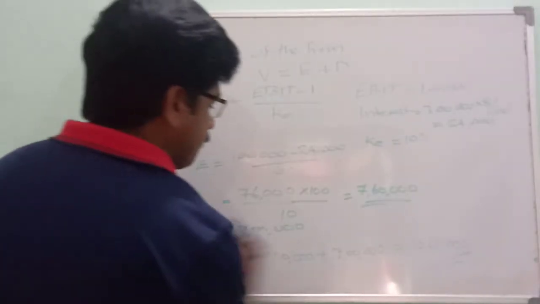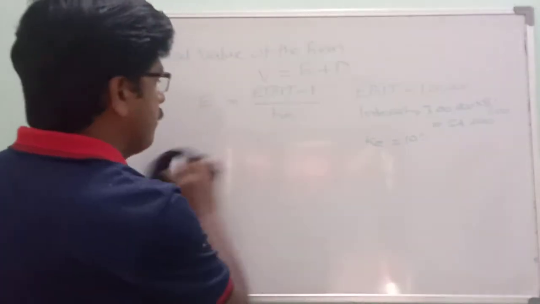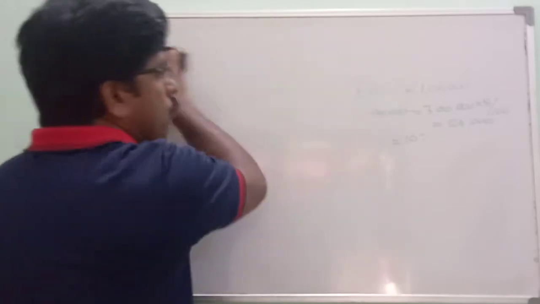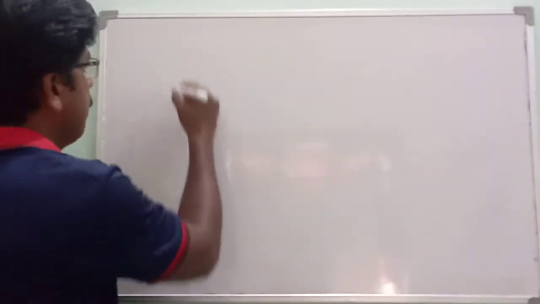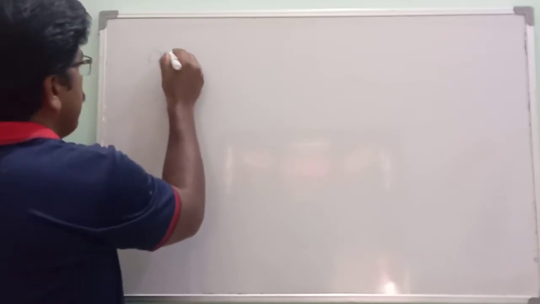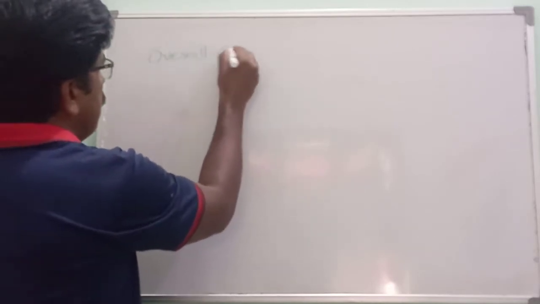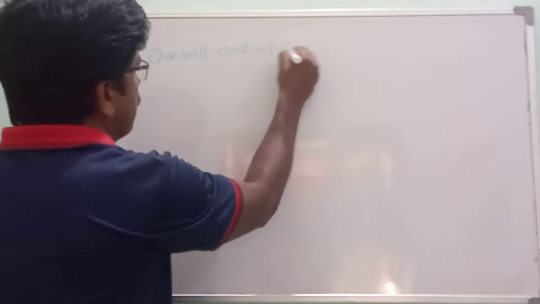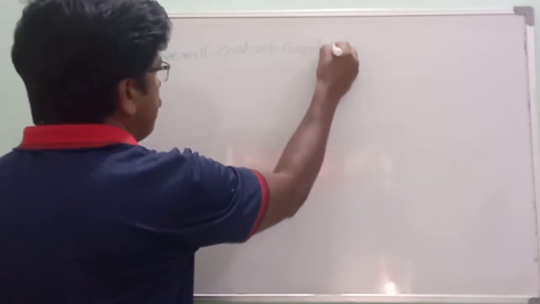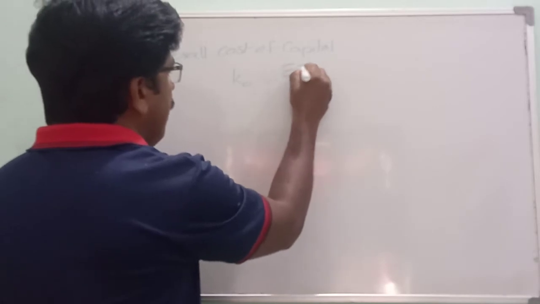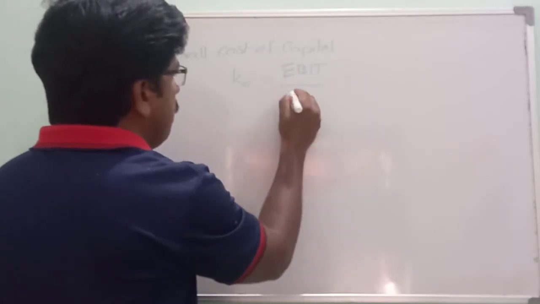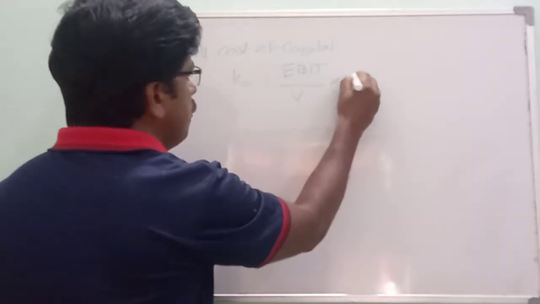Let us calculate the overall cost of capital, KO. KO is equal to EBIT divided by V into 100.